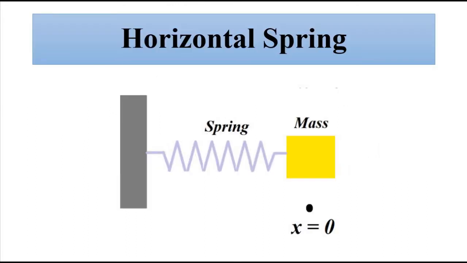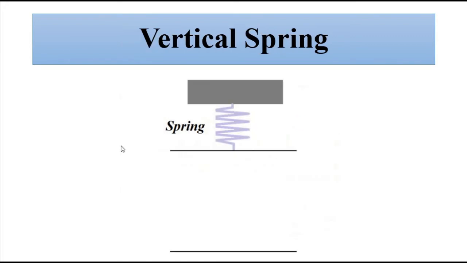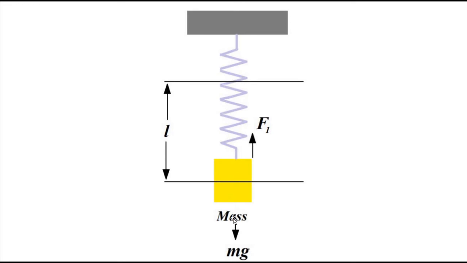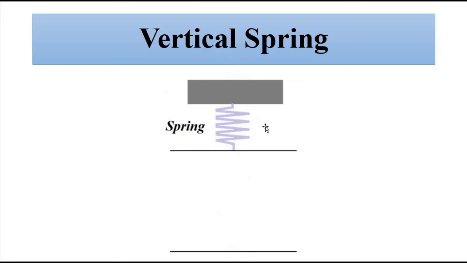The situation totally changes when we have a vertical spring, because in that case, when we attach a mass, gravity comes into play, acceleration due to gravity comes into play, and things change. In the initial position, the spring has spring constant k.